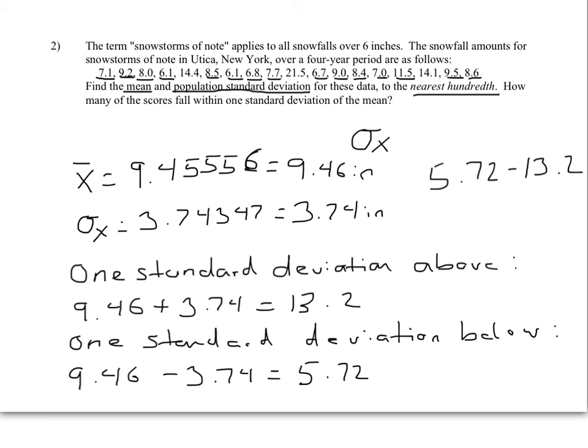I should find only 3 data points that don't fall within that range. So how many of the scores fall within one standard deviation? 15 out of 18. All right, very good.